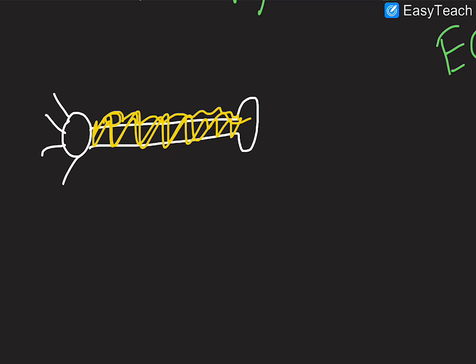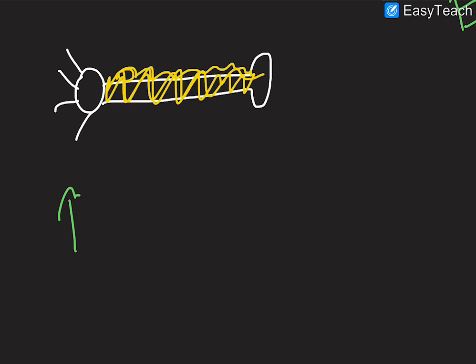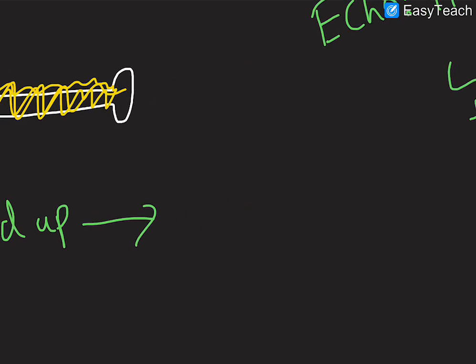So in order to compensate for that, you would have to stimulate your sympathetic nervous system, and one of the outcomes of that would be to clamp down your blood vessels so you can increase your systemic vascular resistance. So naturally, when you stand up, your blood pressure will drop.